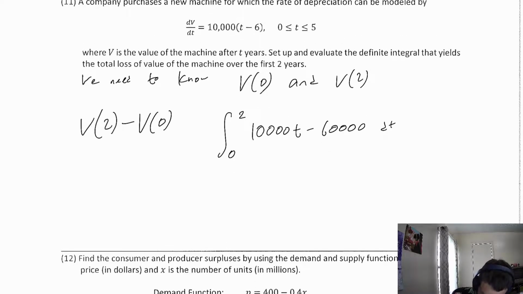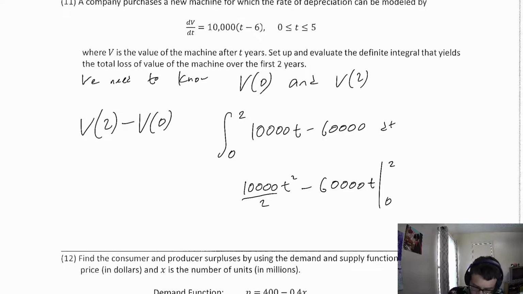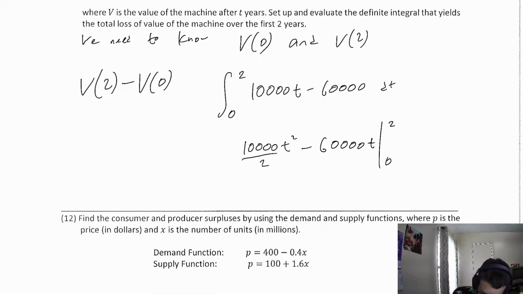The antiderivative will give us 10,000 t squared over 2 minus 60,000 t evaluated from 0 to 2. So if we plug in 2, we're going to get 5,000 times 2 squared minus 60,000 times 2 minus.